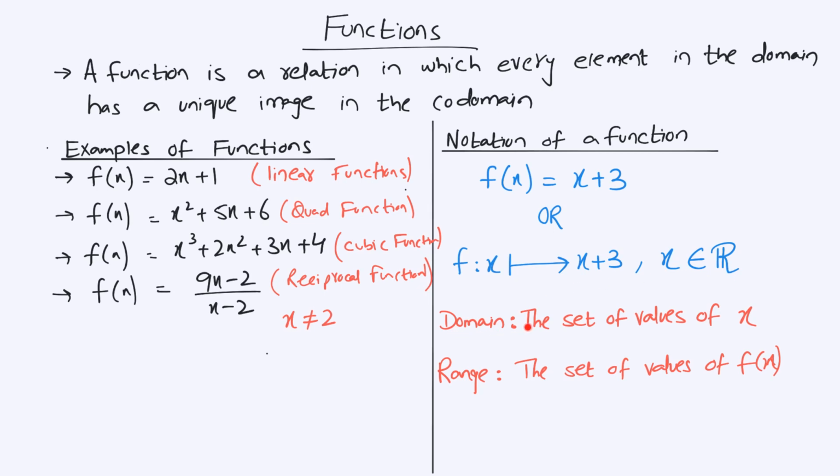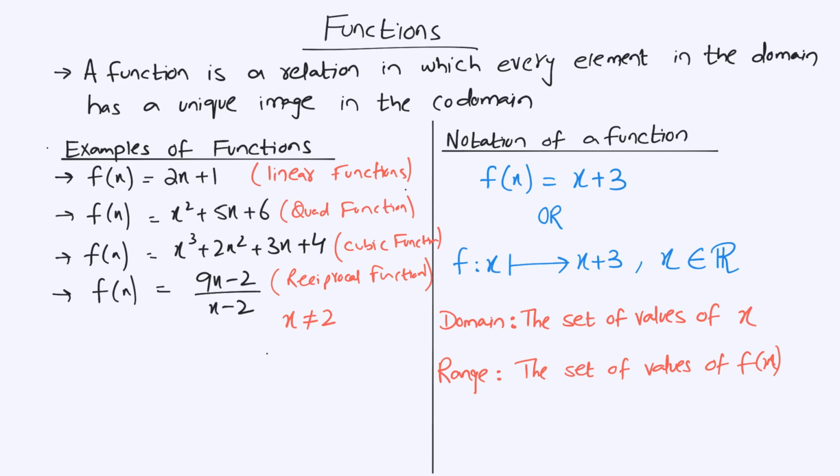Now domain is a set of all values of x, and range is a set of all values of f of x. So if x has an input value of 1, then 1 is the value from the domain. When you insert 1 in the function, the output that you get is 4, so 4 is a value from the range.